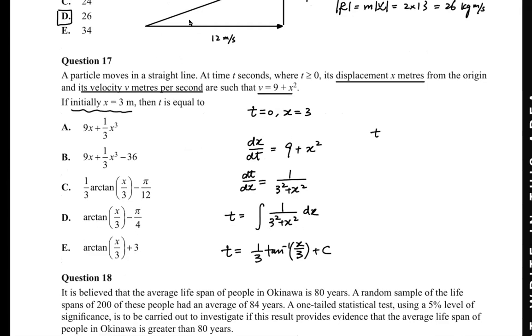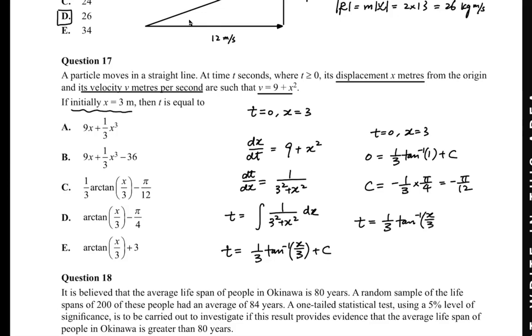And t equals 0, x equals 3. 0 is 1 over 3 tan inverse 1 plus c. So c is minus 1 over 3 times quarter pi, which is minus pi on 12. So t is 1 over 3 tan inverse x over 3, take away pi on 12. Option C is correct.